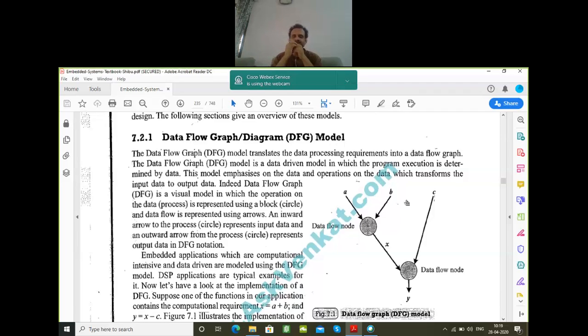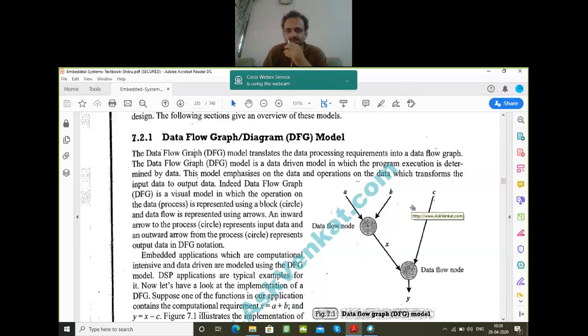Actually, this data flow graph is a data driven model. It is called a data driven model because the output depends on the input, and not only the input, but how the input is executed affects the output.